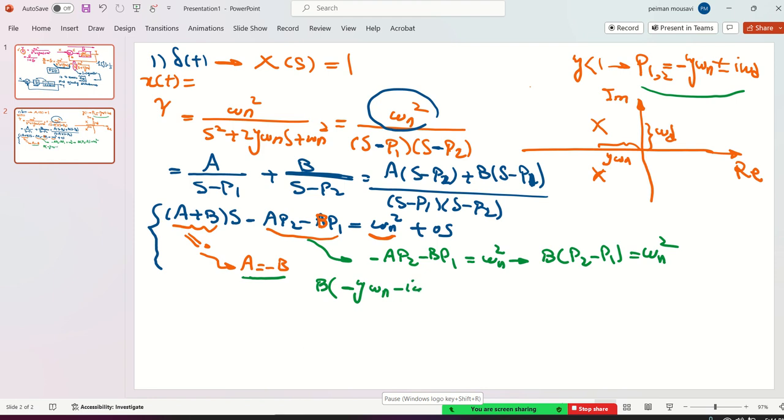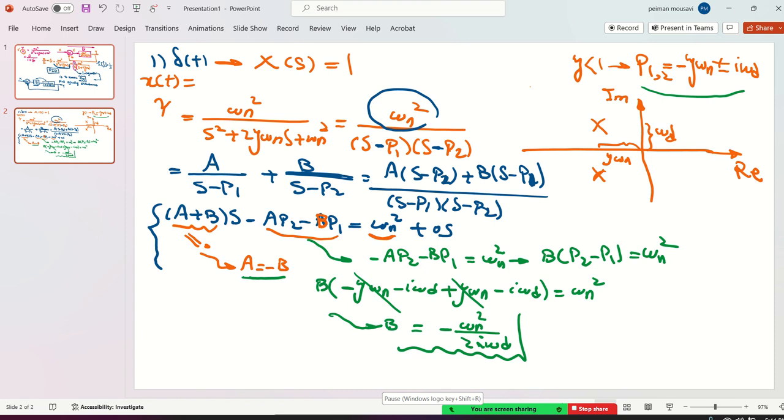Minus i omega d minus plus zeta omega n minus i omega d is equal to omega n squared. This with this goes to hell. So you get B going to be minus omega n squared over 2i omega d.